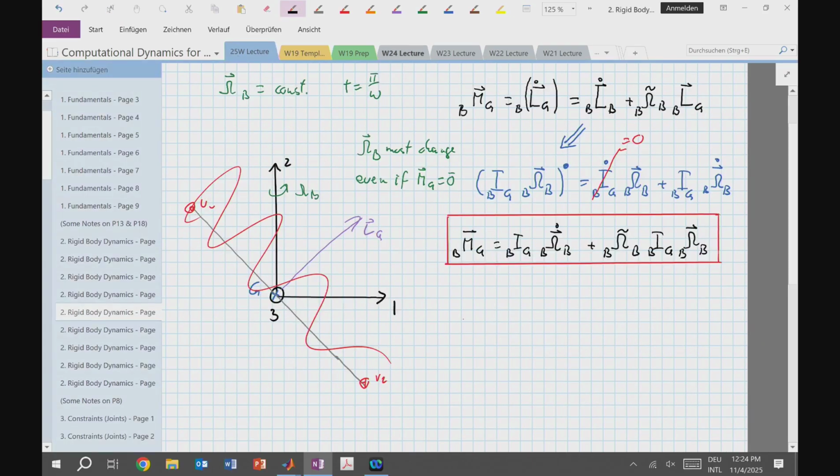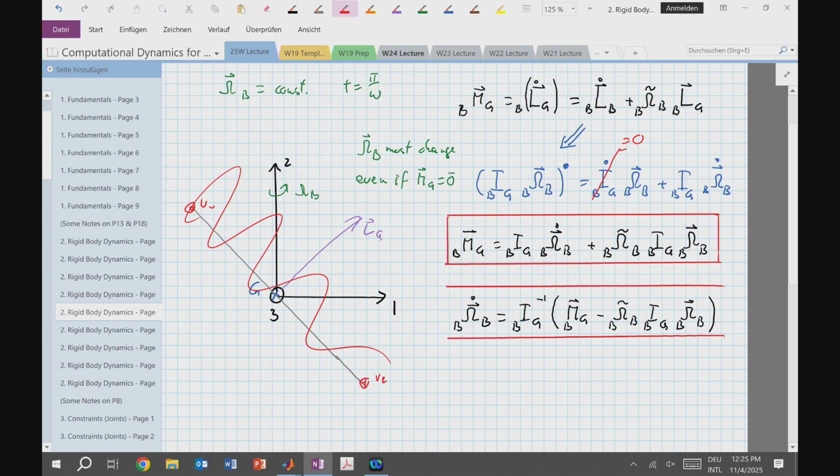And I can now go ahead and compute this acceleration by simply saying omega_B dot is given as the inverse of the inertia matrix times, and then I have M_G^B minus omega_B tilde I_G^B omega_B in b coordinates. That's my angular acceleration.